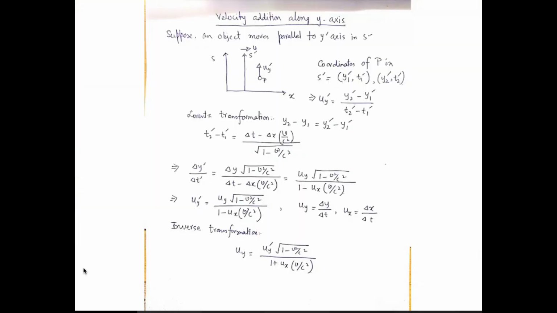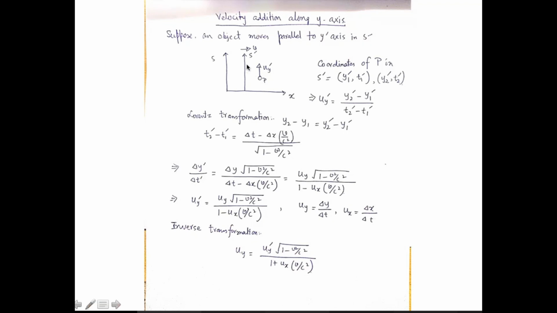So the velocity addition, how does it work along the y-axis? We had done that for the x-axis explicitly, and then I had left it by writing down the formula only. So suppose an object moves parallel to the y prime axis in S prime.